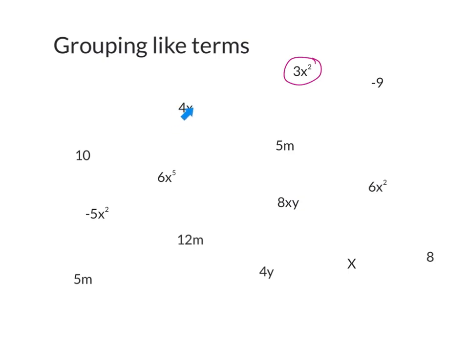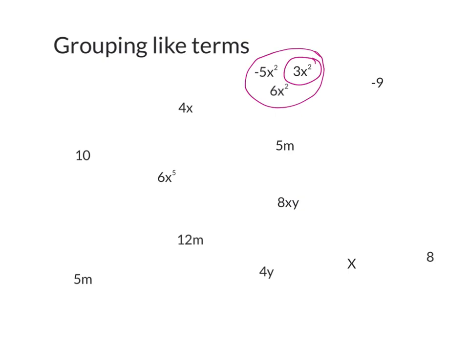The 4x doesn't have the squared with it, so that's not a like term. This is 6x to the fifth. The exponent is different, so that one's not the same. Negative 5x squared, I'm going to go ahead and move that up here, I've also got a 6x squared, so I'm going to group that together as well. So all of these are like terms.